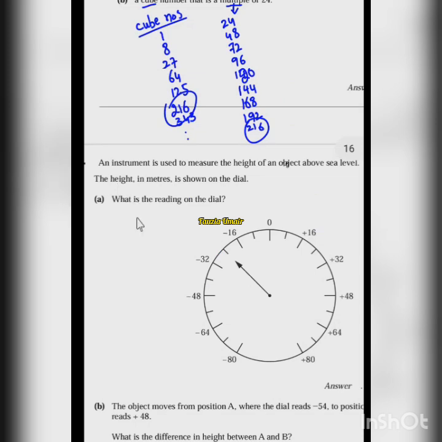ठीक है? अच्छा, what is the reading on the dial? The dial is between minus 32 and minus 16. Minus 24. So Hashim is saying minus 24. What do you think, Marosh? What do you think, Bete?